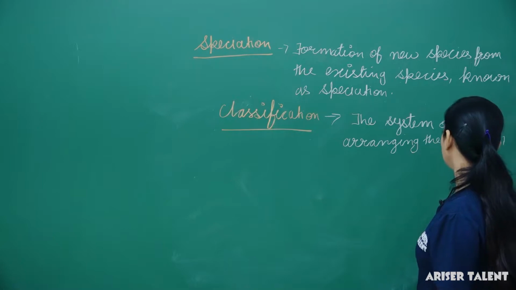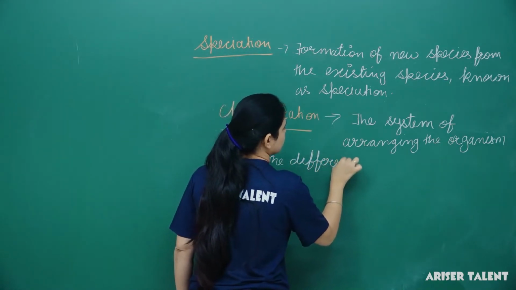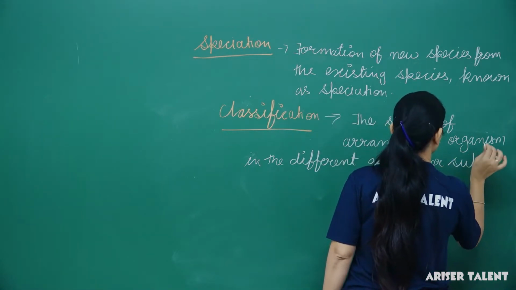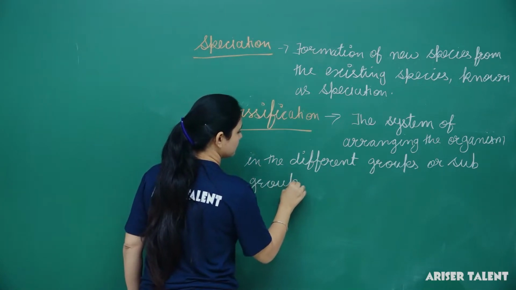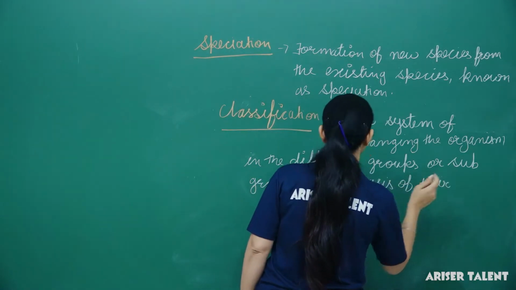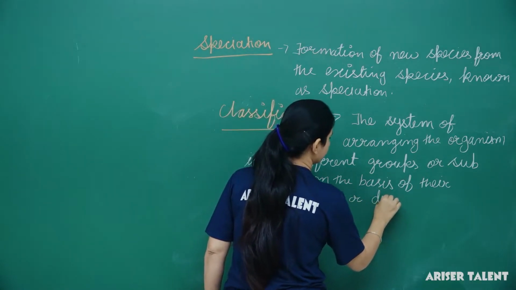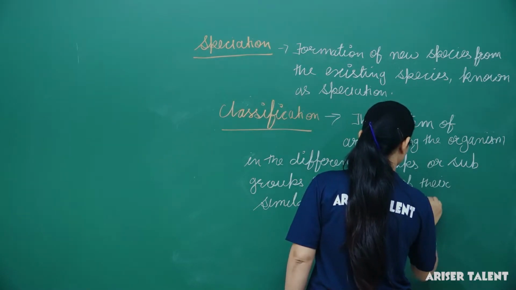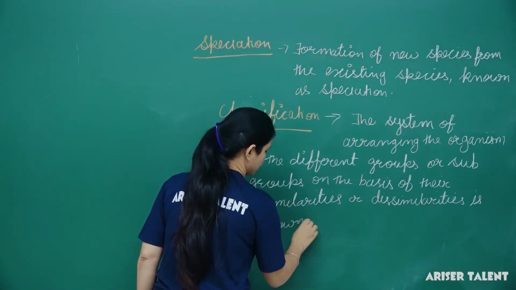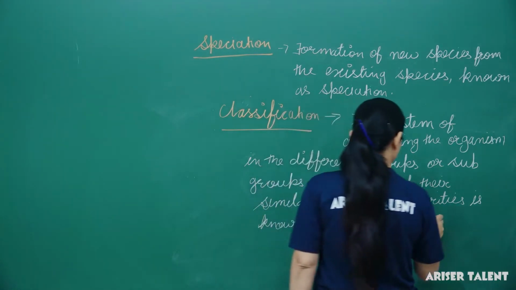Okay, so the system of arranging the organisms in different groups or subgroups on the basis of their similarities or dissimilarities is known as classification. Okay, this is known as classification.